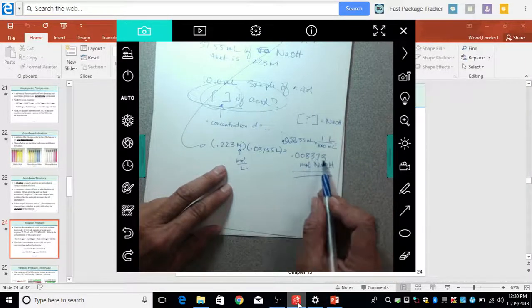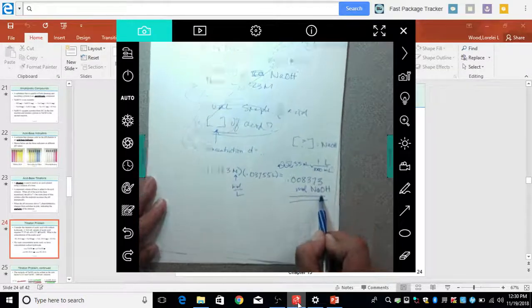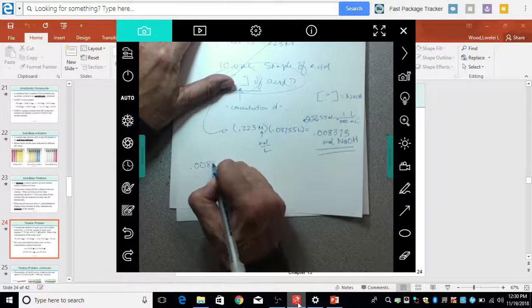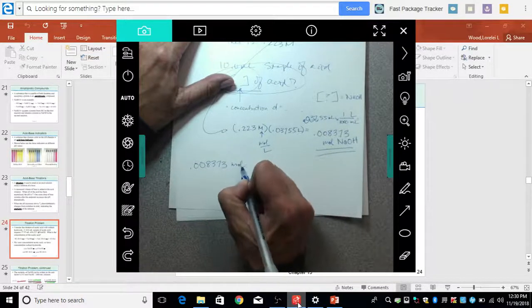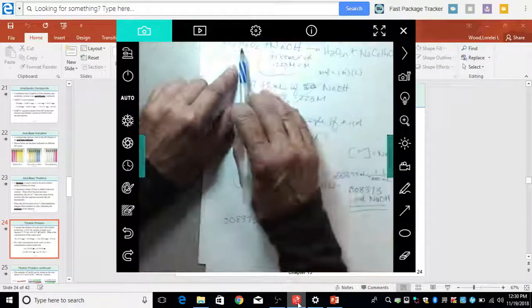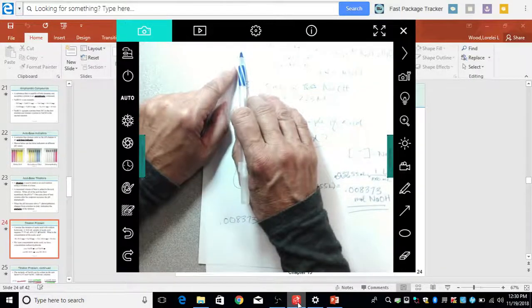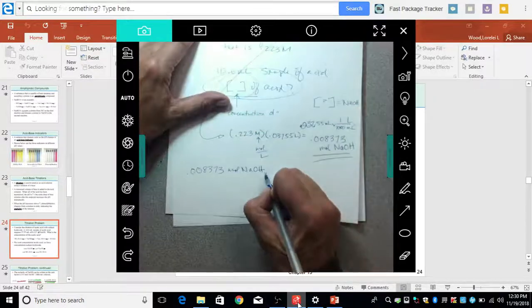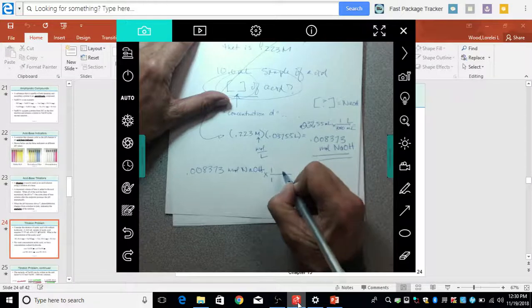All right. Well, if we've got that many NaOH, and I say I've got 0.008373 moles of NaOH, and I want to relate that to moles of acetic acid, what's the coefficient that I would need to use there? Looks like 1-to-1 to me, right?